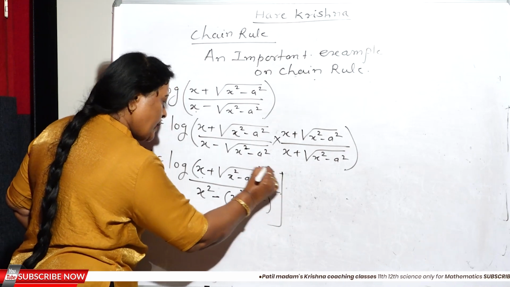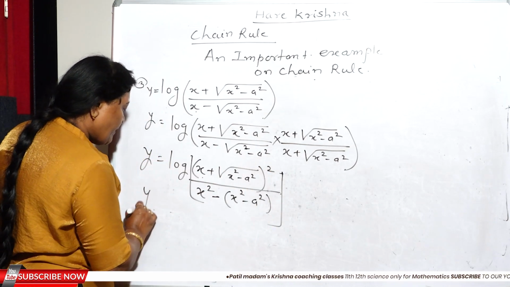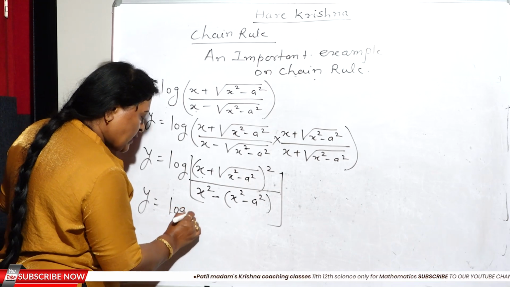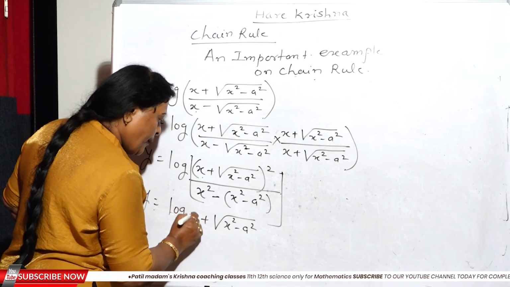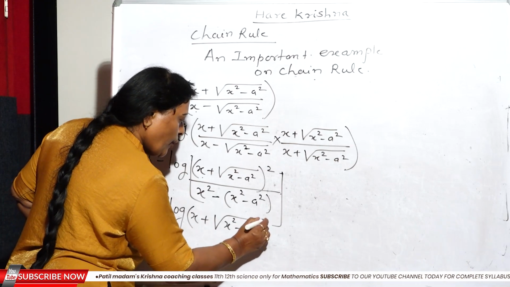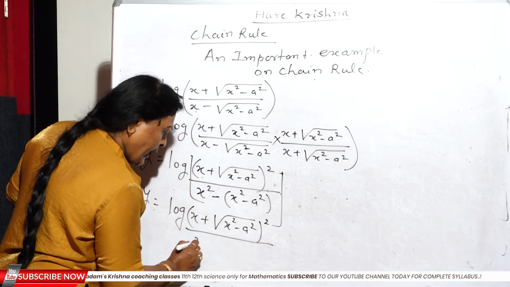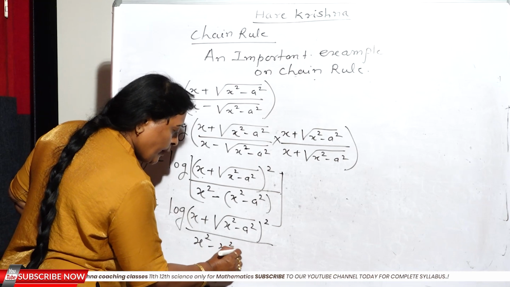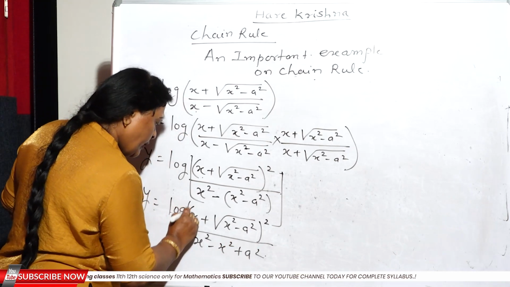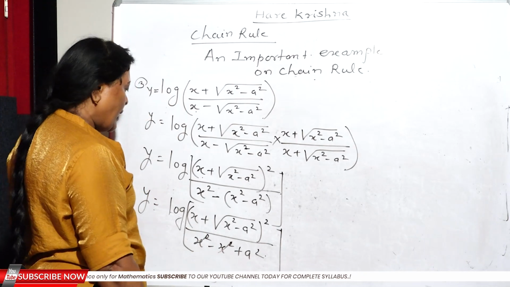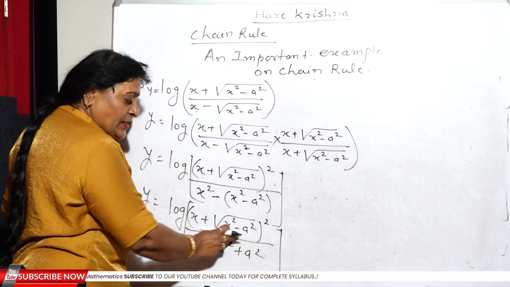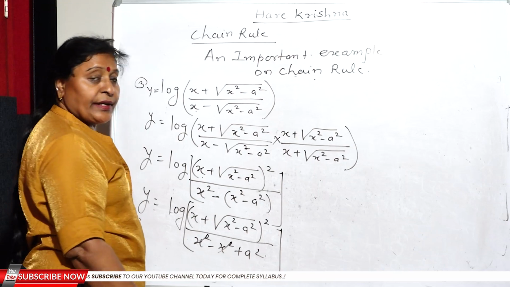Right? Again see here, y is equal to log of x plus root of x square minus a square, very very important example, whole square. And here you have got x square minus x square plus a square, right? So minus x square plus x square get cancelled. Now here, you have to consider this as a, and this as b.